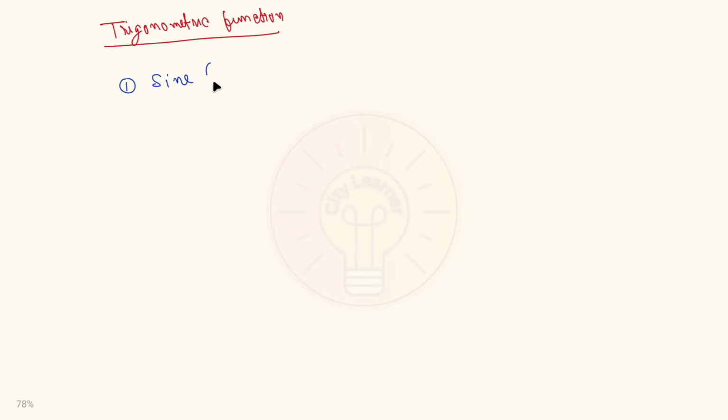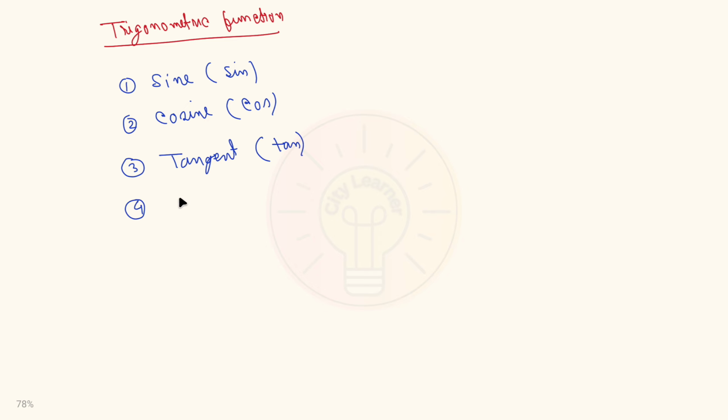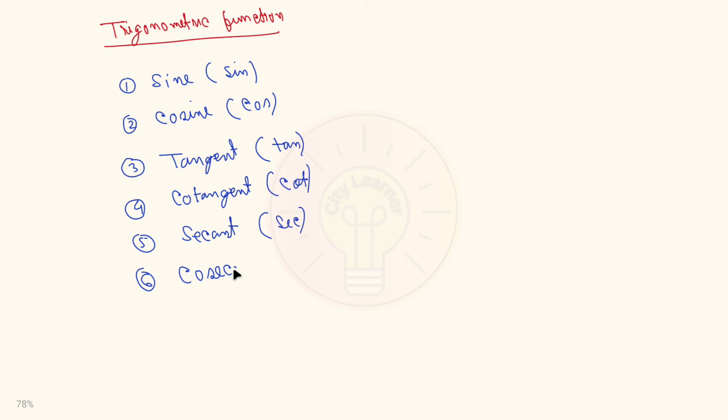In trigonometry, there are a total of 6 trigonometric functions: sine, shortly called sin, cosine, cos, tangent, tan, cotangent, cot, secant, sec, and cosecant, called cosec.